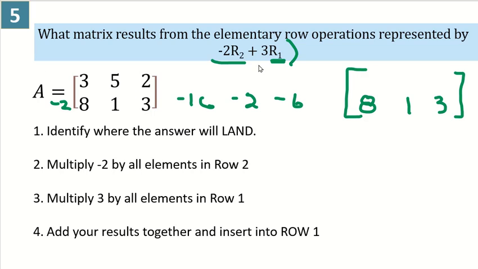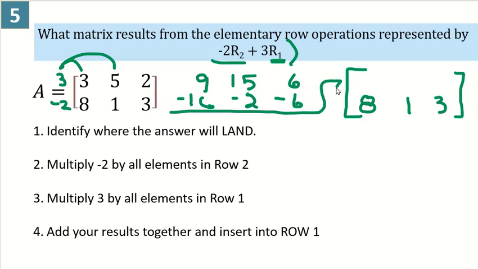Now I'm going to multiply row 1 times 3. 3 times 3 is 9. 3 times 5 is 15. And 3 times 2 is 6. And then we add those together. And then we're going to replace those where the numbers in row 1 were.